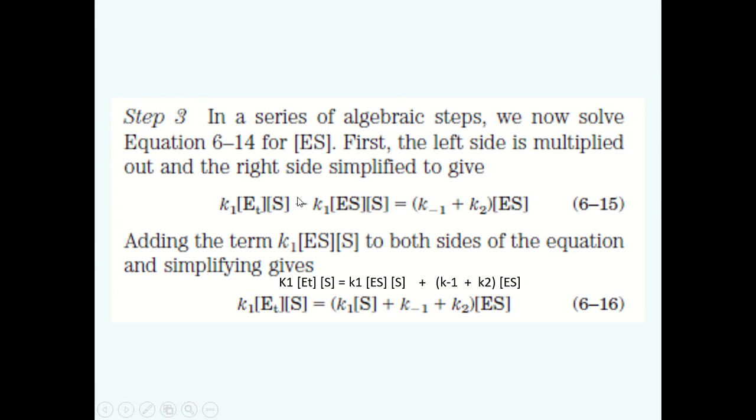Now we add this term K1 ESS to both sides of the equation. So when it is added here, this will be cancelled. So we get K1 ETS here equals K1 ESS, which is added to this side of the equation, plus K minus 1 plus K2 times ES, this part.